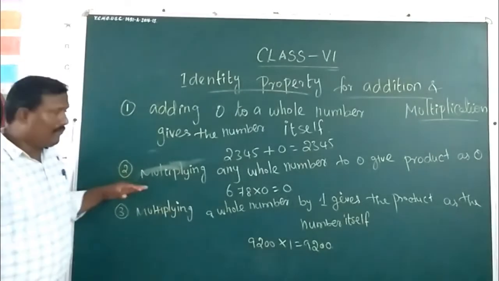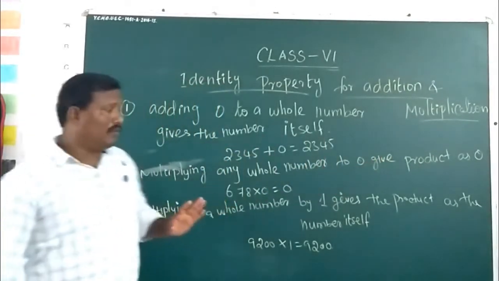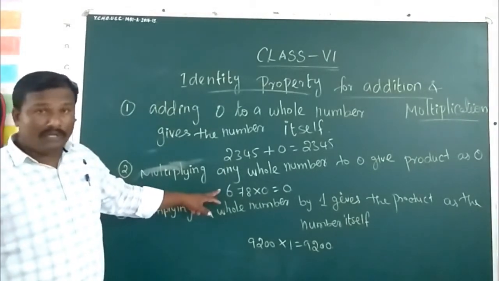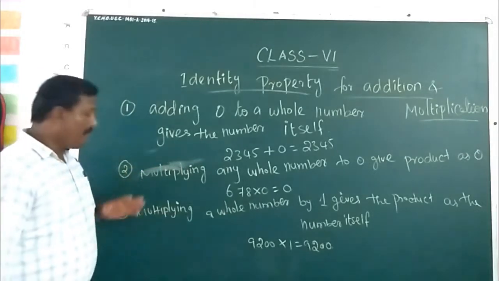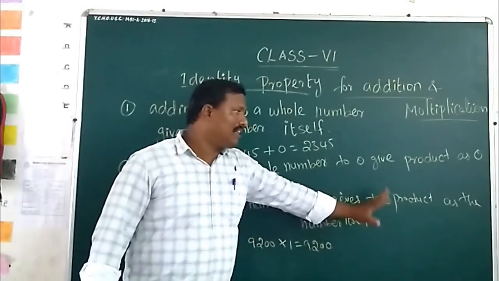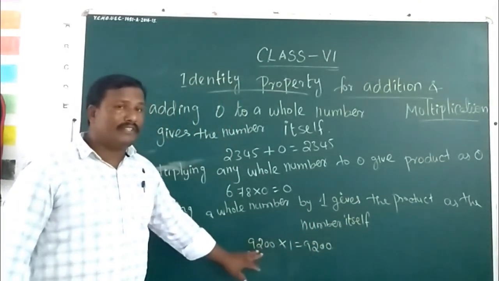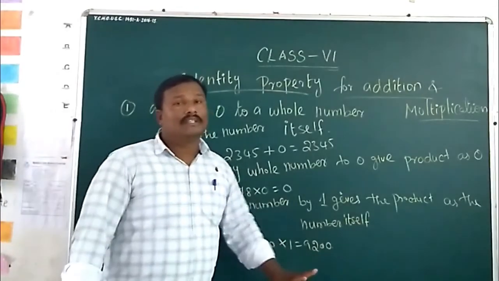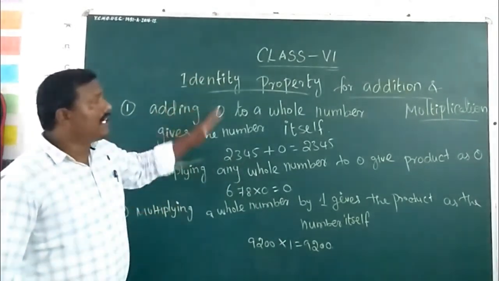Then second property, multiplying any whole number by 0 gives the product as 0. It means if you multiply any whole number with 0, the product is 0. Then third one, multiplying a whole number by 1 gives the product as the number itself. Example, if you multiply a whole number with 1, you get the number itself. These three things are true in the identity property.